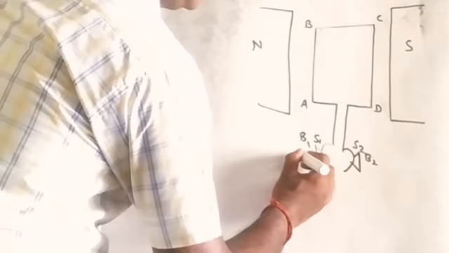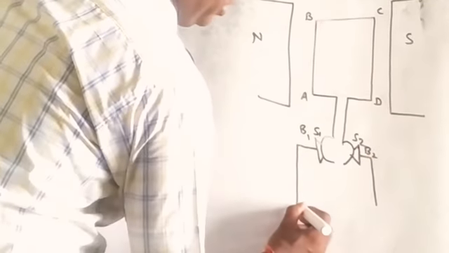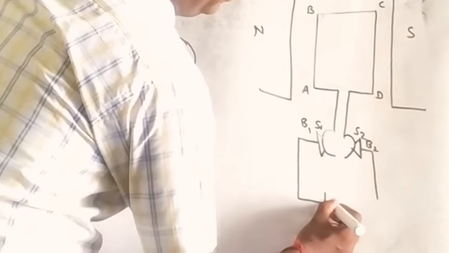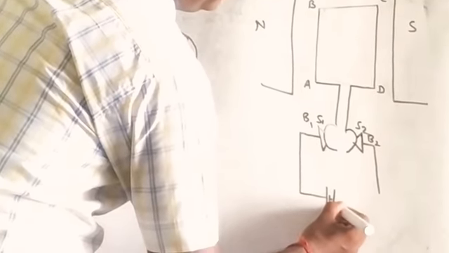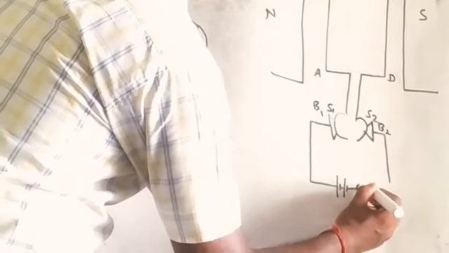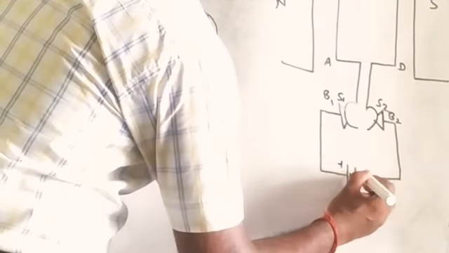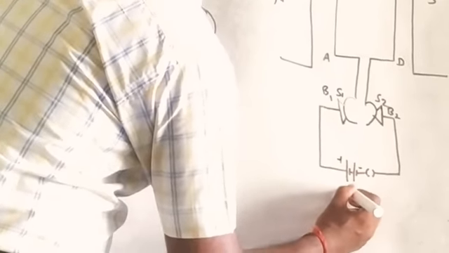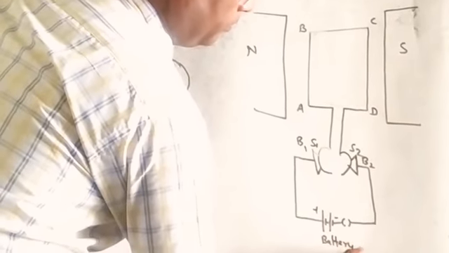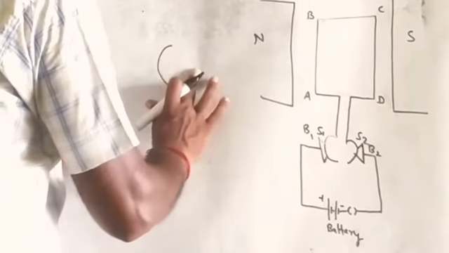After this, carbon brushes B1 and B2 are connected through connecting wire to a source of electricity, a battery, and we place a key also here. Now in this position, you see the diagram I represent.